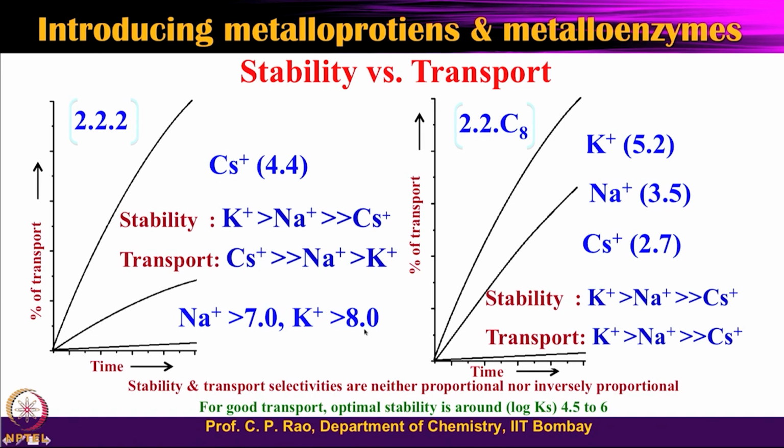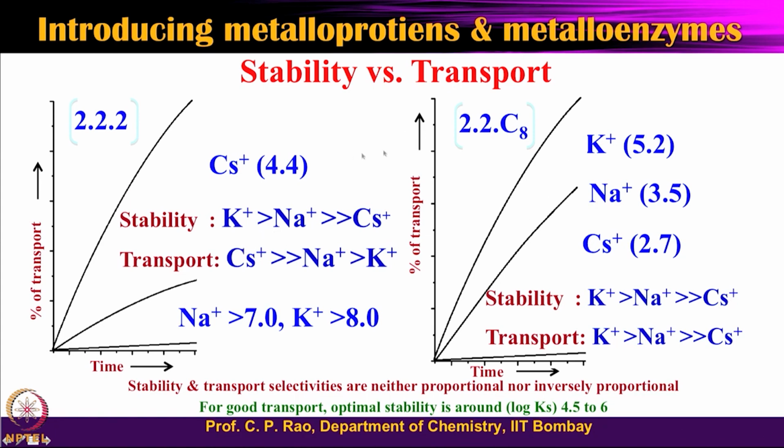Potassium is greater than 8, and cesium has a log K of around 4. If you see the transport, cesium is transported the most, then sodium, then potassium. And if you look at the stabilities, potassium is greater than sodium, which is greater than cesium. Therefore, these two are not directly proportional, you could say they are reversed.